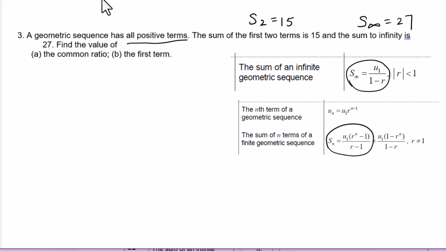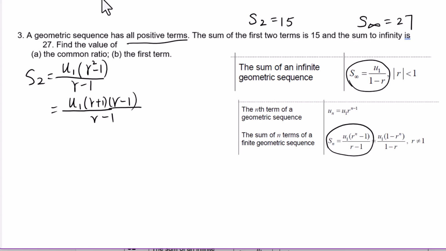S sub 2 equals u sub 1 times (r squared minus 1) over (r minus 1). Factor r squared minus 1: (r plus 1) times (r minus 1) over (r minus 1). Reduce.